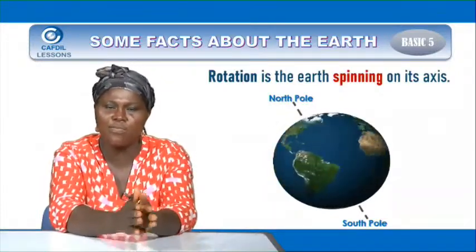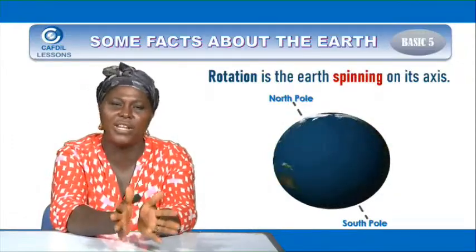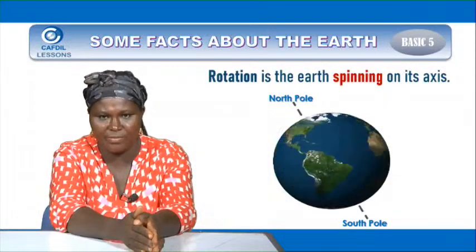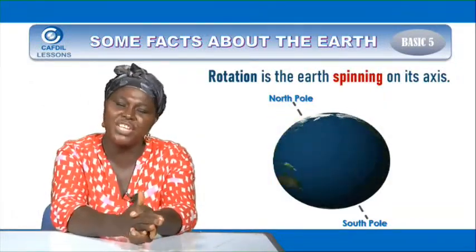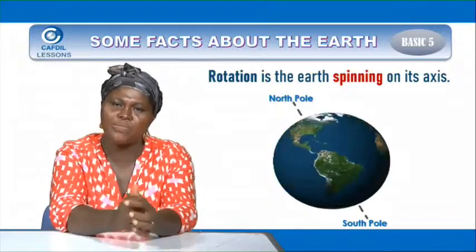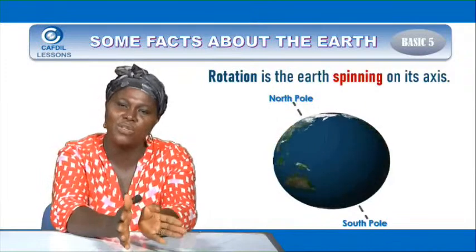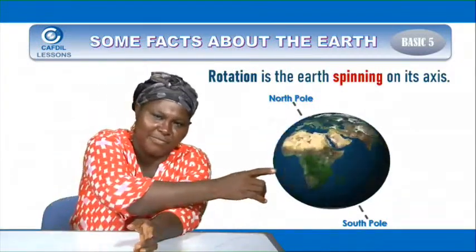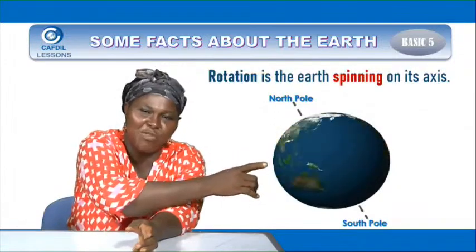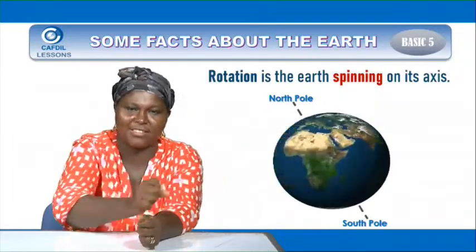The Earth moves on its axis, and we call it rotation. The Earth is moving, and it is spinning on its axis.